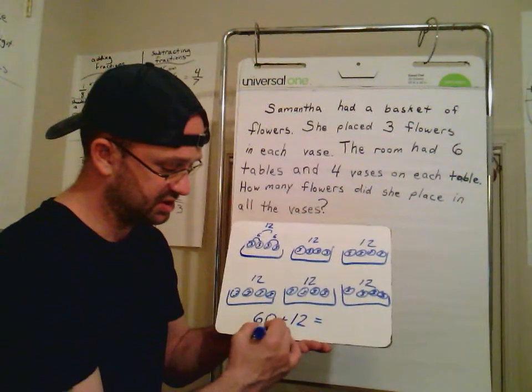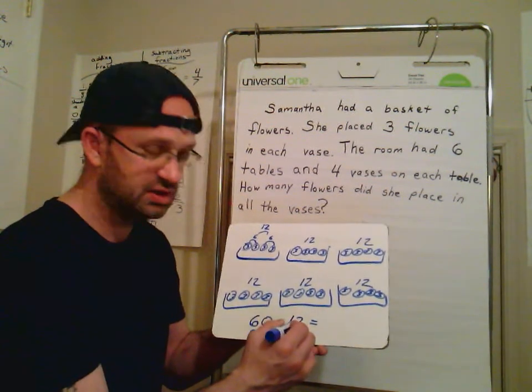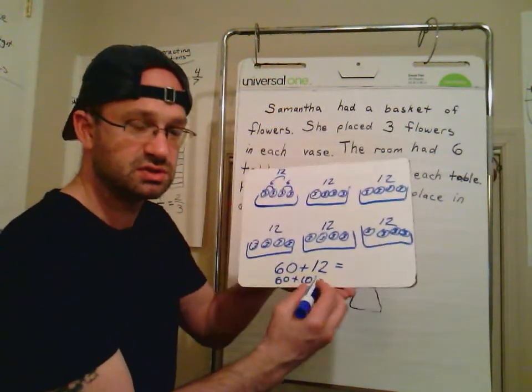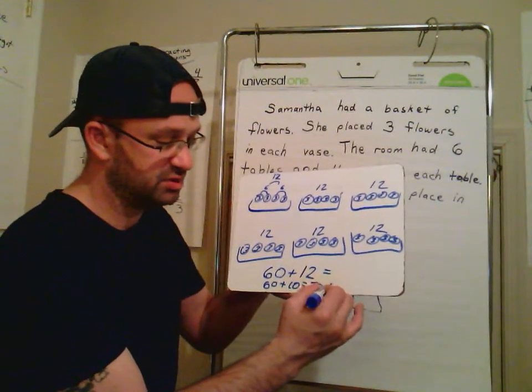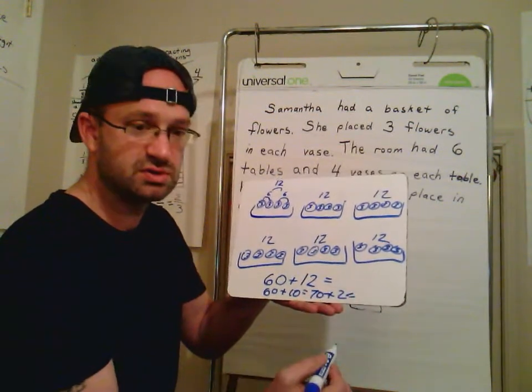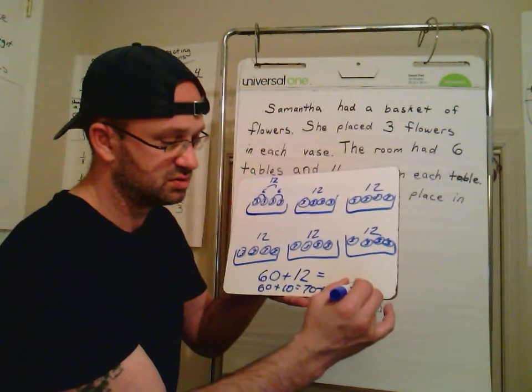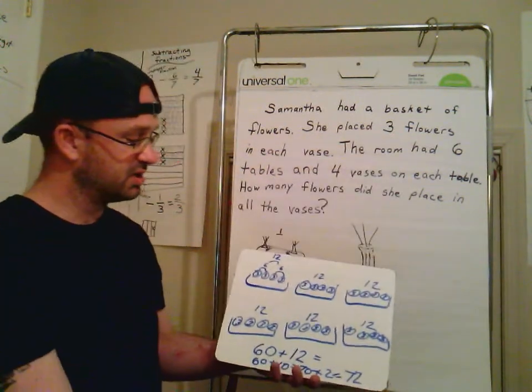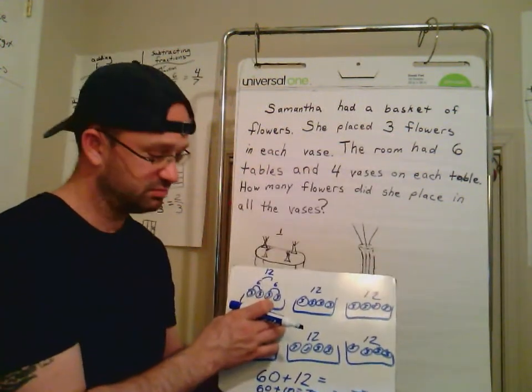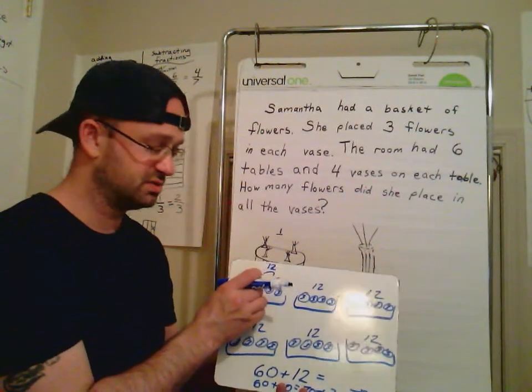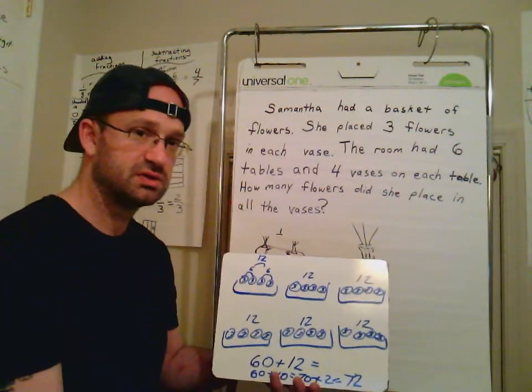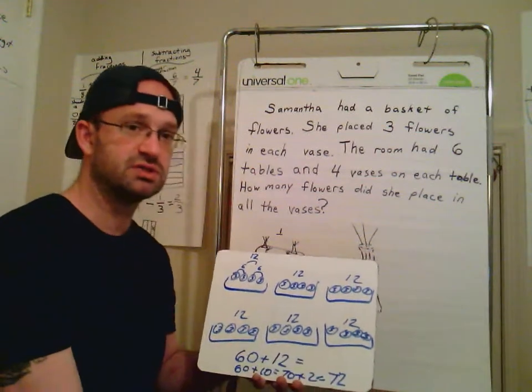So that's 60 plus 10 equals 70, plus 2 more equals 72. Okay, so if you set this up with table, vase, flowers, you probably came up with 72.